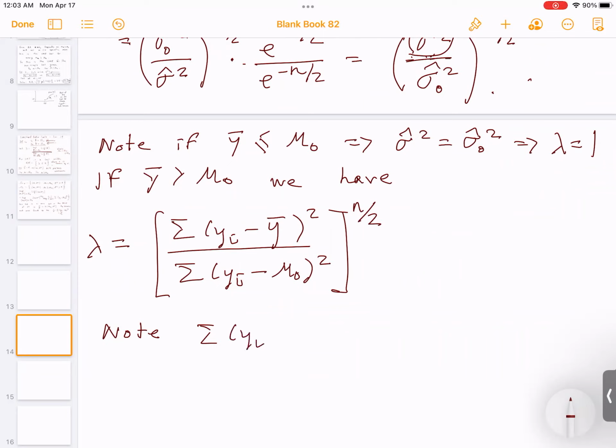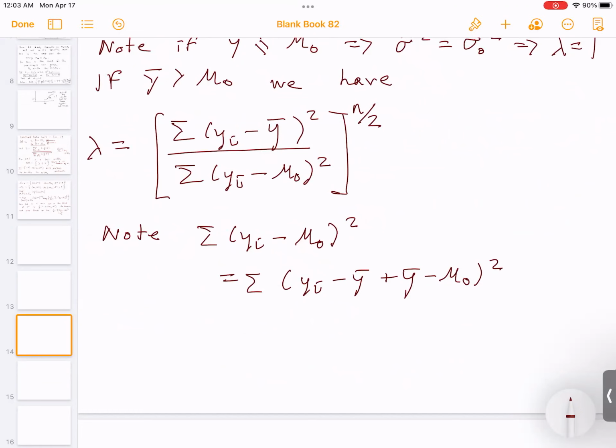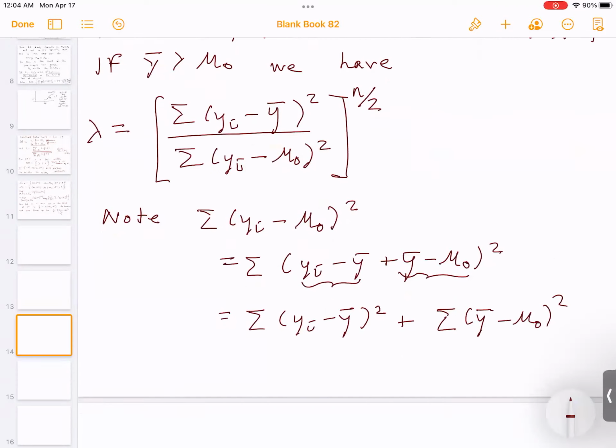The sum yi minus mu zero squared can be written as the sum yi minus y bar plus y bar minus mu zero squared, which, treating this as the sum of these two, and noticing that the cross term is 0, we can write as the sum yi minus y bar squared plus the sum of y bar minus mu zero squared, or just n times y bar minus mu zero squared.